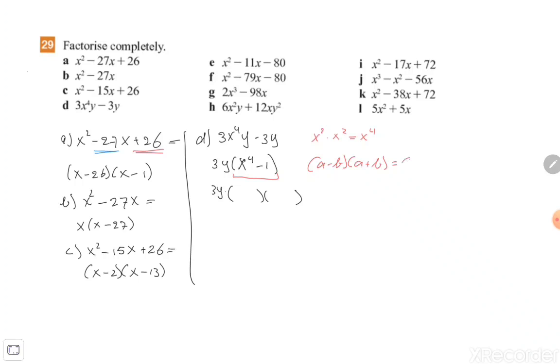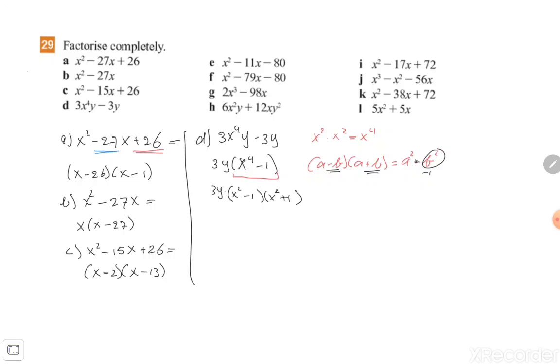Then we know that the answer is a squared minus b squared. So now we know that we get x squared inside the bracket. There you go. And for the other number, instead of b squared we get 1, and of course minus 1 and plus 1.